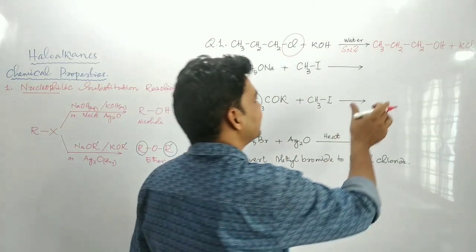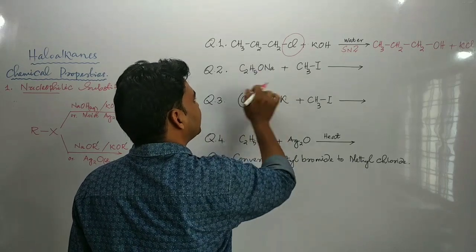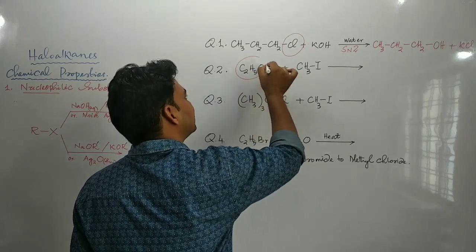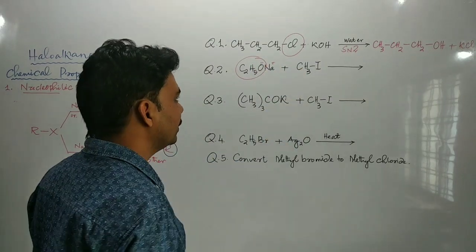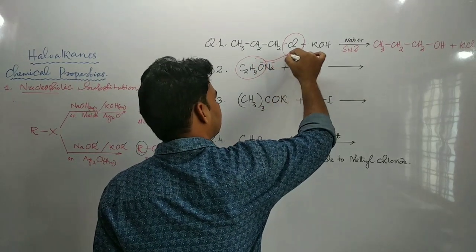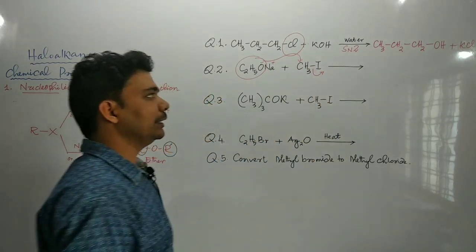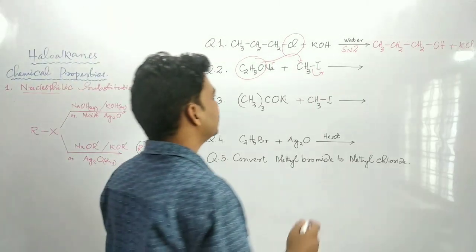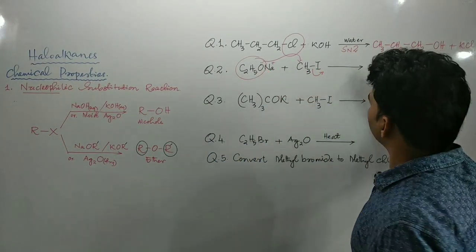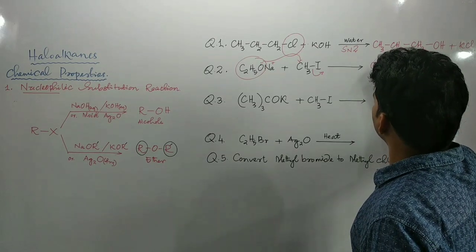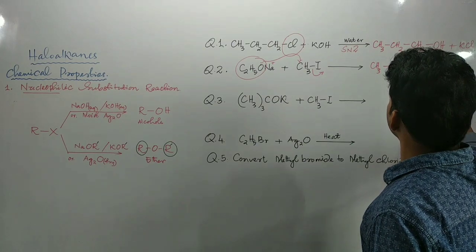Anyway, let us find the product here. This is the source of nucleophile, sodium ethoxide. In sodium ethoxide, this ethoxide ion would be the nucleophile. This will attack this carbon center such that this iodide ion will leave. That would be the leaving group. Then we will get the product CH3OC2H5, or you can say CH3OCH2CH3.